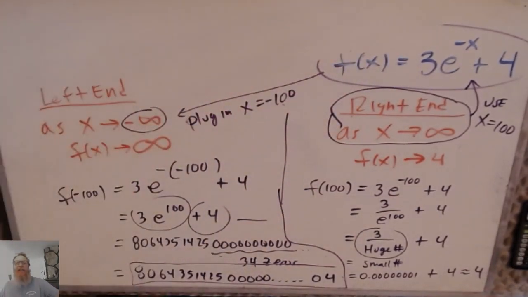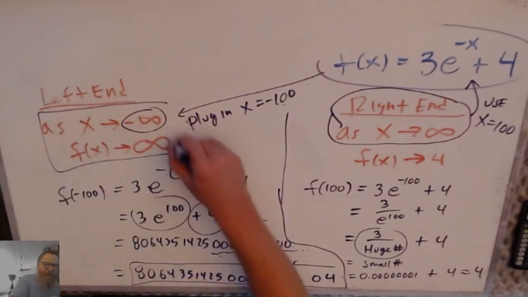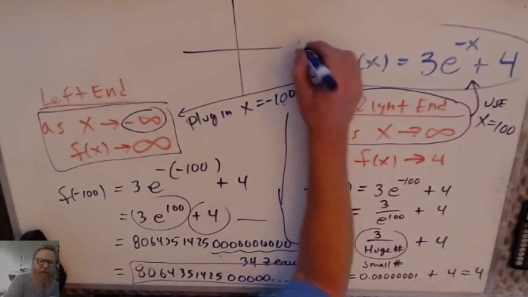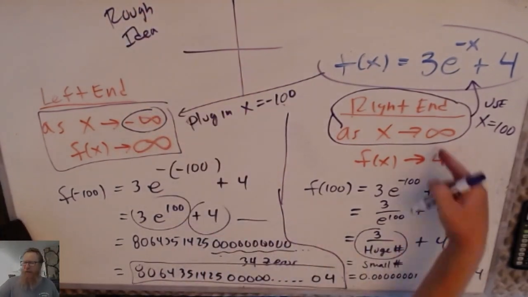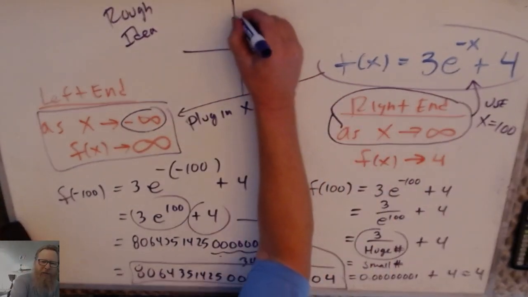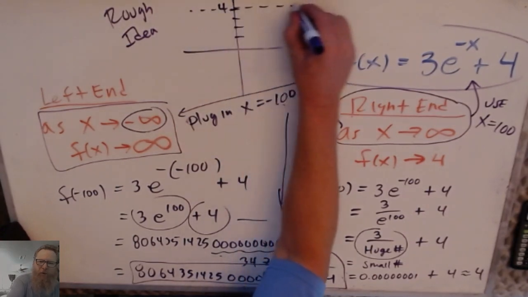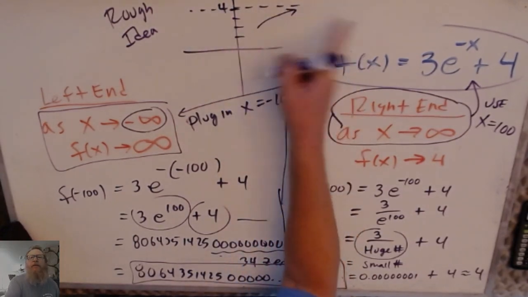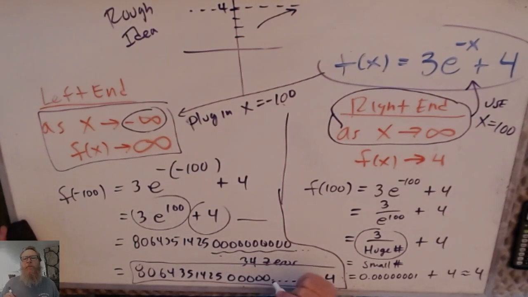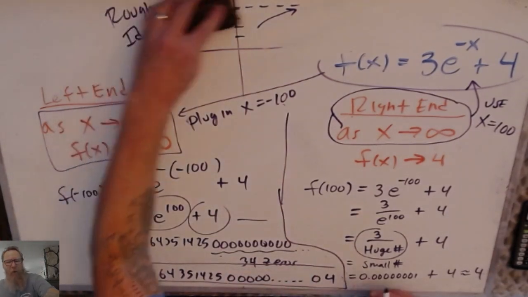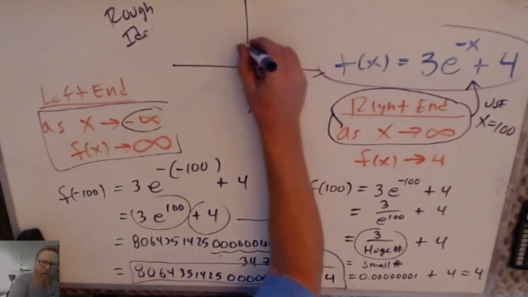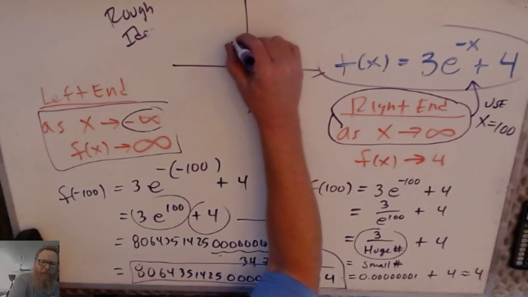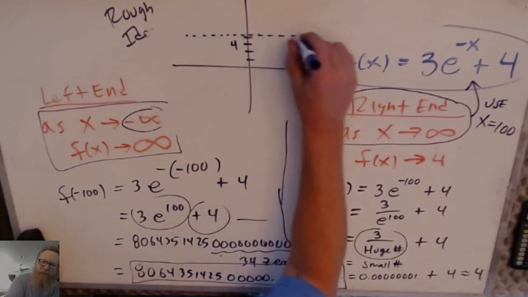All right, so we got the end behaviors. That kind of gives us a rough idea of the graph. As you go to positive infinity, you get closer to 4. So you've got a ceiling at 4. That's actually a floor. I take that back. How do I know it's a floor instead of a ceiling?